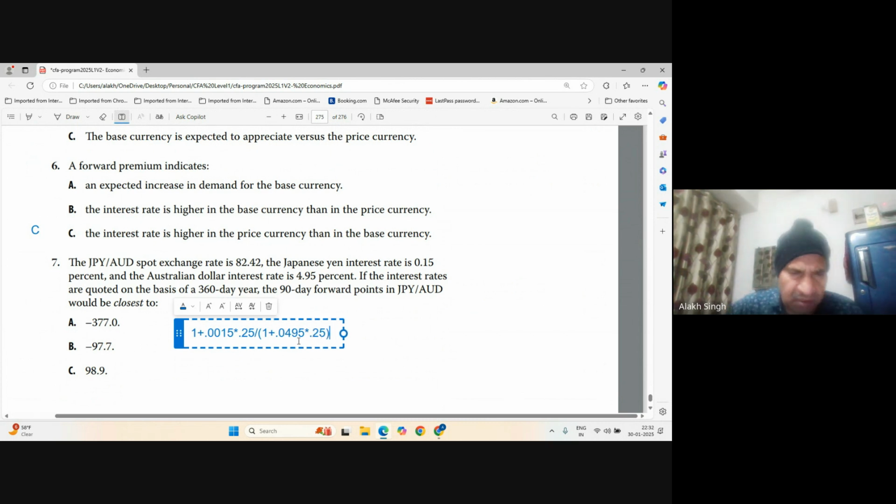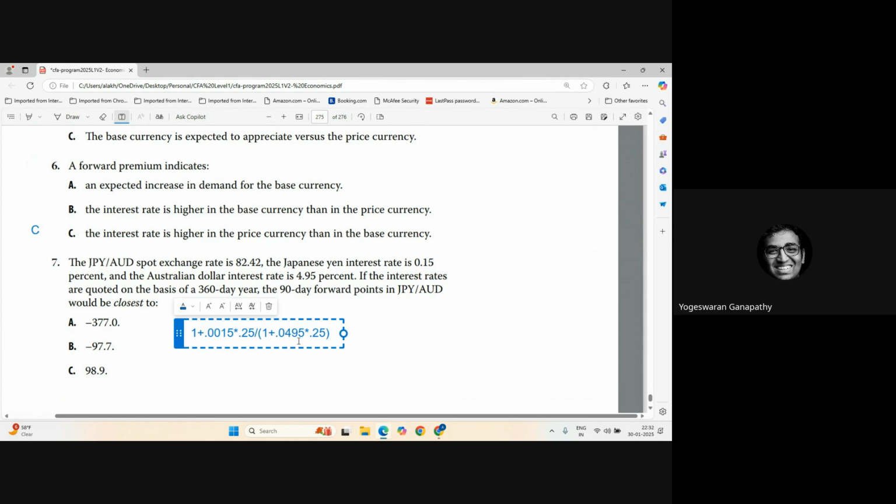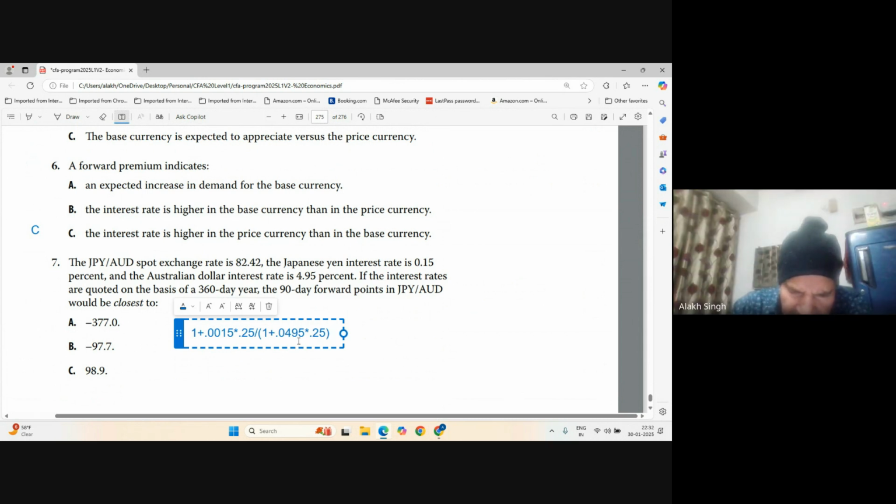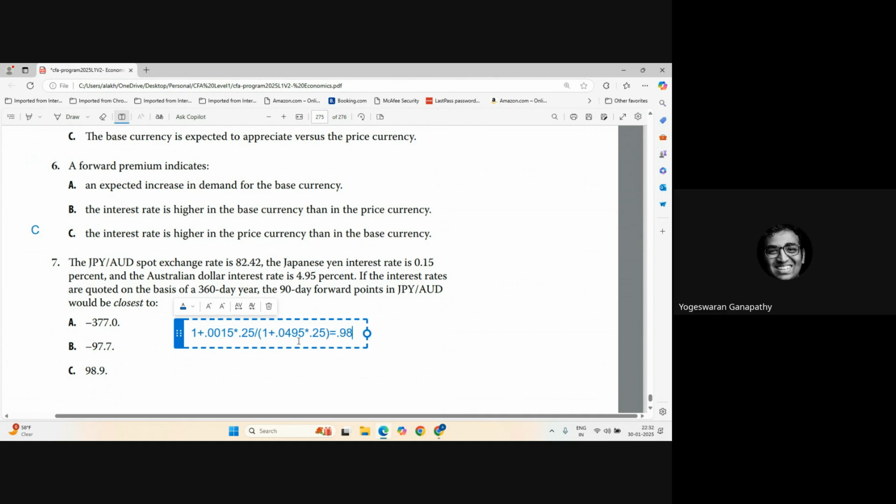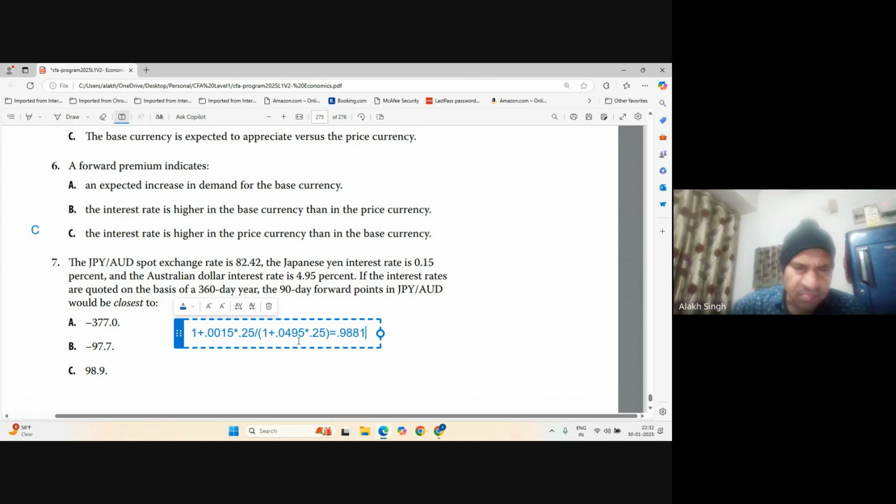How much do you get for this value? So 0.9881. Okay, so you will multiply this by 82.42, the exchange rate.